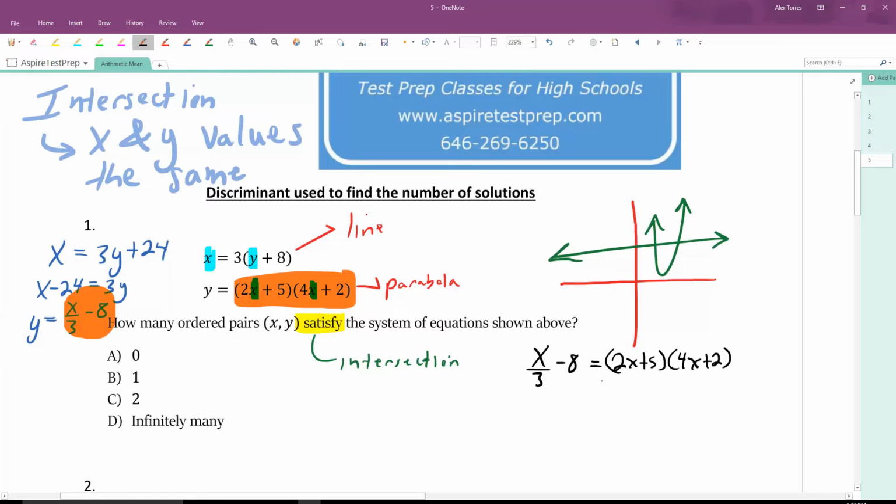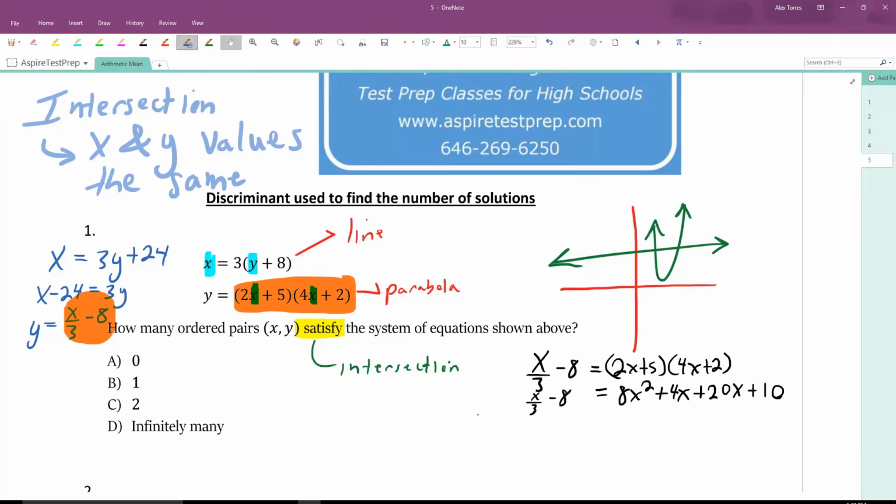Now we can start going through our simplification steps, FOIL out the right-hand side. First times first is 2x times 4x, so 8x squared. Outer times outer, 2x times 2, so that's 4x. Inner times inner, 5 times 4x, so that's 20x. Last times last, 5 times 2, and that's 10. So we have x over 3 minus 8 equals all that stuff.